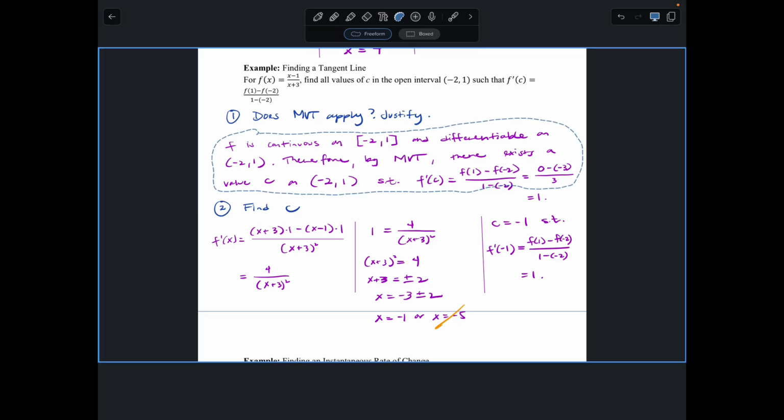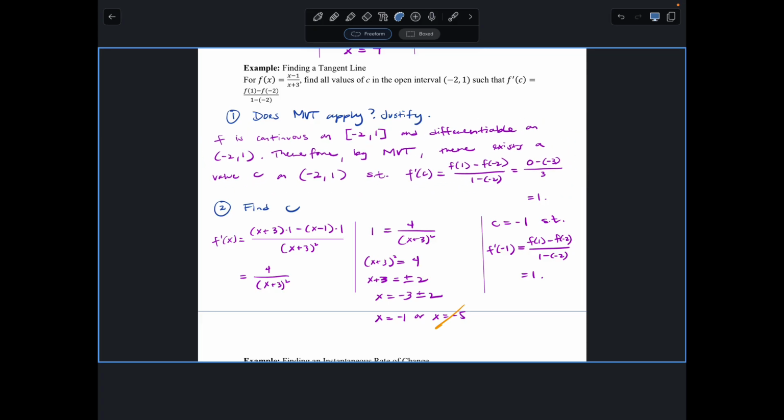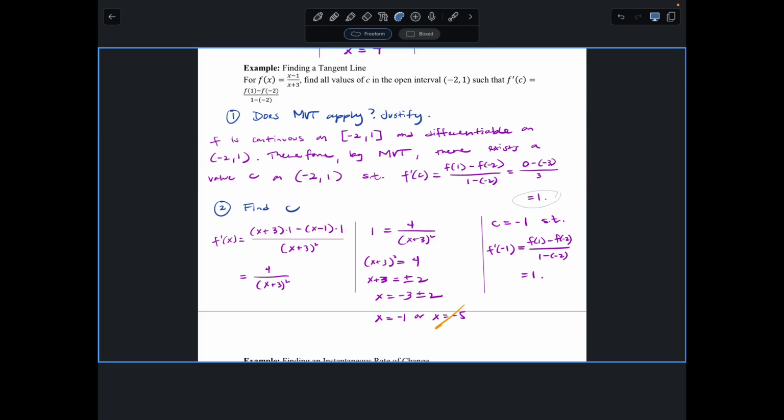Hey, it doesn't sound like we're talking mean value theorem over here. Wait, differentiable? So you're using your pre-calc knowledge a bit to answer the first two conditions, right?